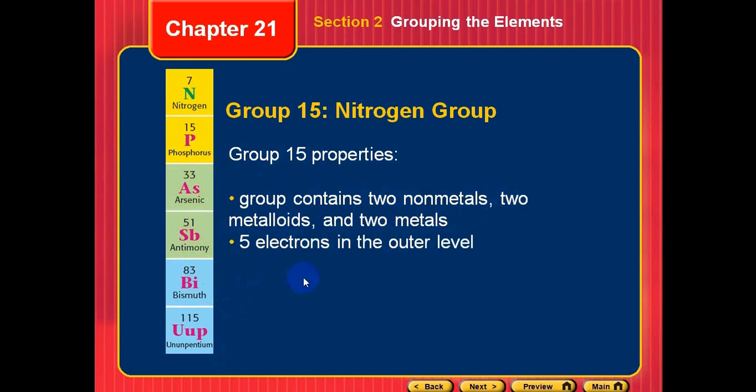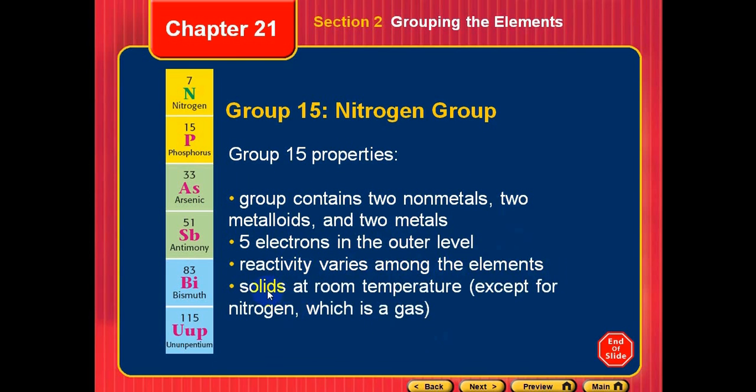So in this case, they don't lose 5 electrons, they gain 3 electrons. Reactivity also varies among the elements. They are all solid at room temperature except for nitrogen here, which is a gas. And we wrote the symbol in green, which means gas. So the symbol color is blue for liquid, green for gas, and red for solid.